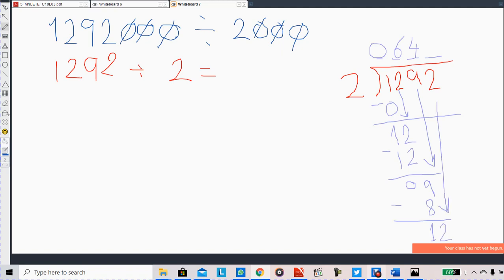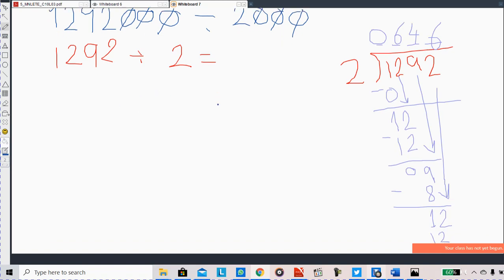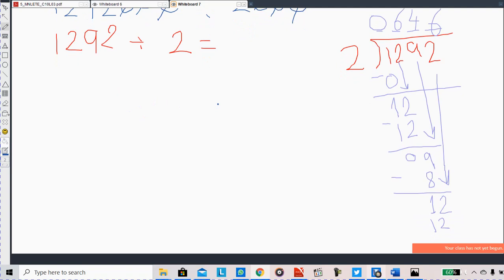And bring down 2. It will be 6 because 12 divided by 2 equals 6. And then let's move down a little bit. Okay, so it will be 12, and subtract them, it will be 0. So the answer here is 646, and we cancel this 0 because 0 on the left has no meaning.